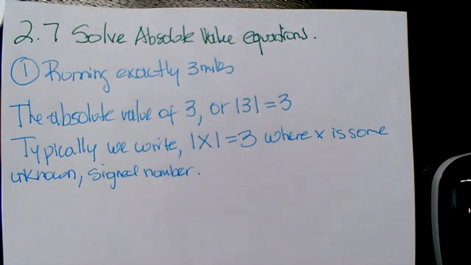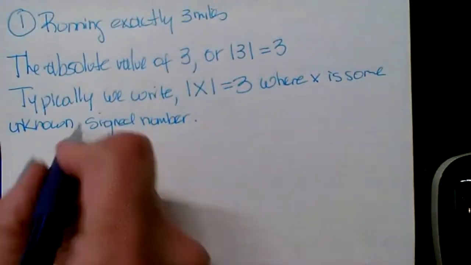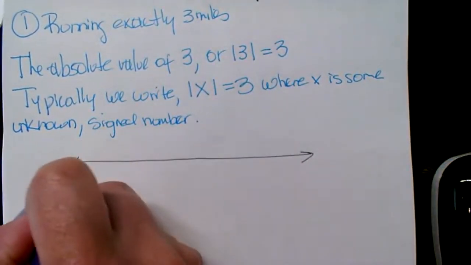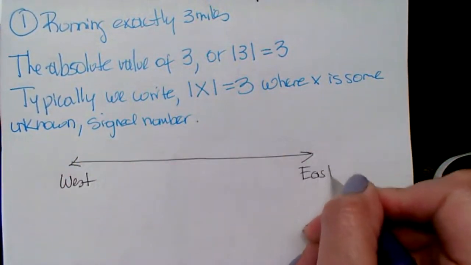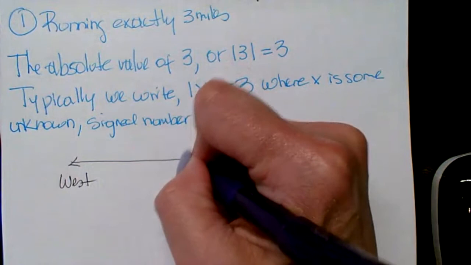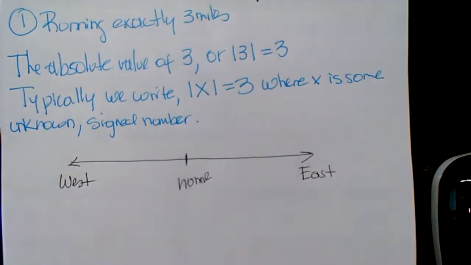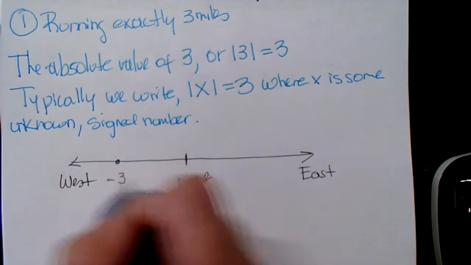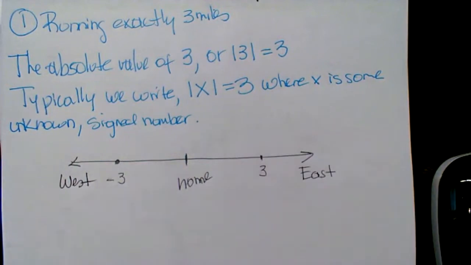Then let me draw a number line. This is west and this is east. Okay. And this is home. So from here to here, it's going to be 3 miles.